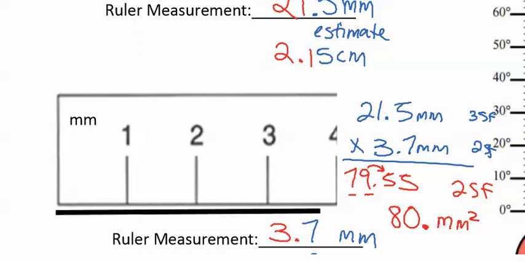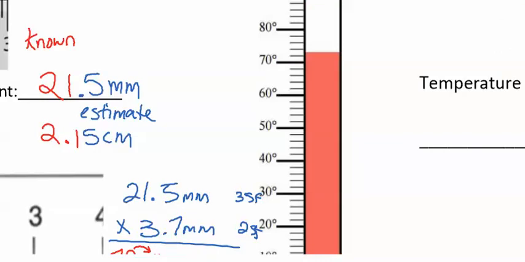Taking a look at the temperature here, which we're measuring in degrees Celsius, we have known degrees and we have estimated degrees. Now, this one is a little bit trickier because we don't have a line representing 1. Sometimes this happens, your measuring device goes by 2s or goes by 5s, whatever it may be.